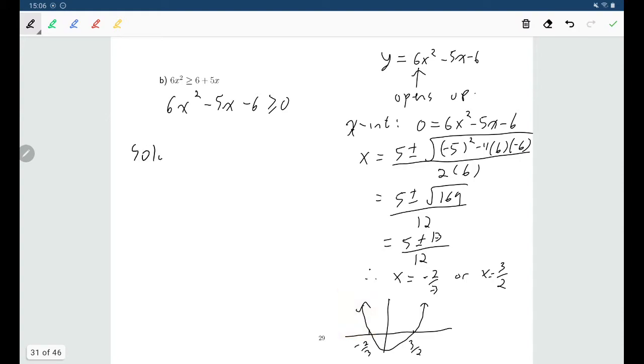So for my solutions, I would say it's everything up to and including -2/3, together with everything from 3/2, including it, afterwards. And there we go. That's my solution written in interval notation.